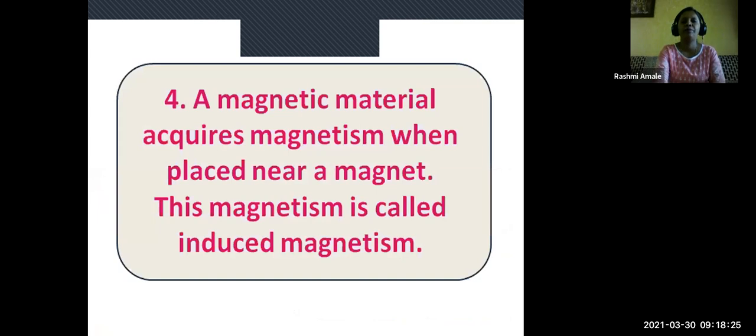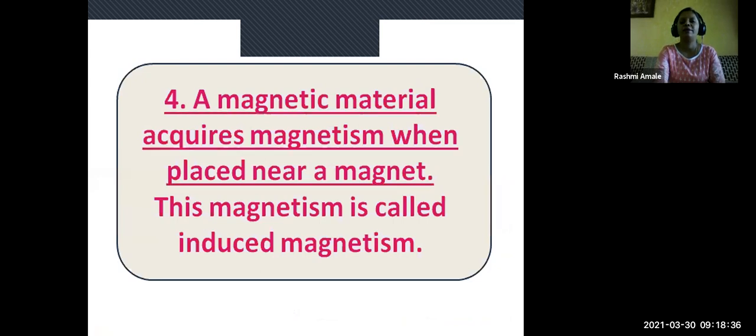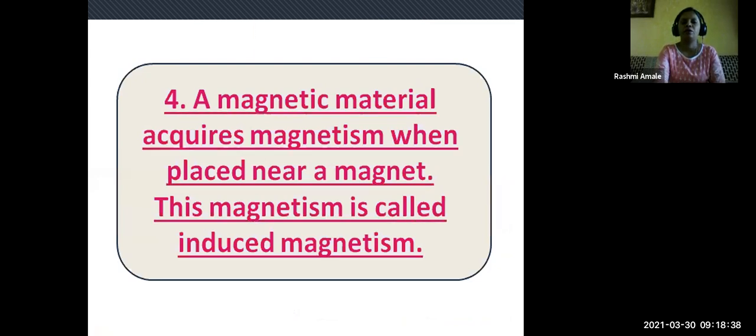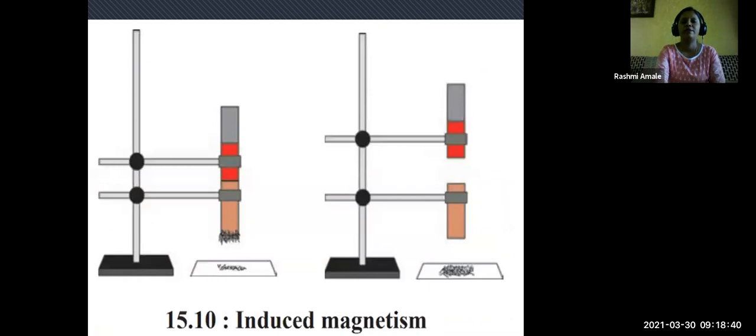Now the fourth one: a magnetic material acquires magnetism when placed near a magnet. This magnetism is called induced magnetism. So here you can see the demonstration for induced magnetism.